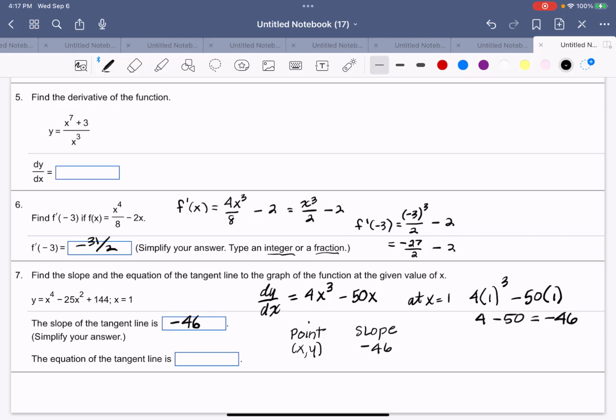So I'm evaluating y at 1. 1 to the 4th minus 25 times 1 squared plus 144 gives me 1 minus 25 plus 144, and that's 120. And so this is the point, 1 and 120.